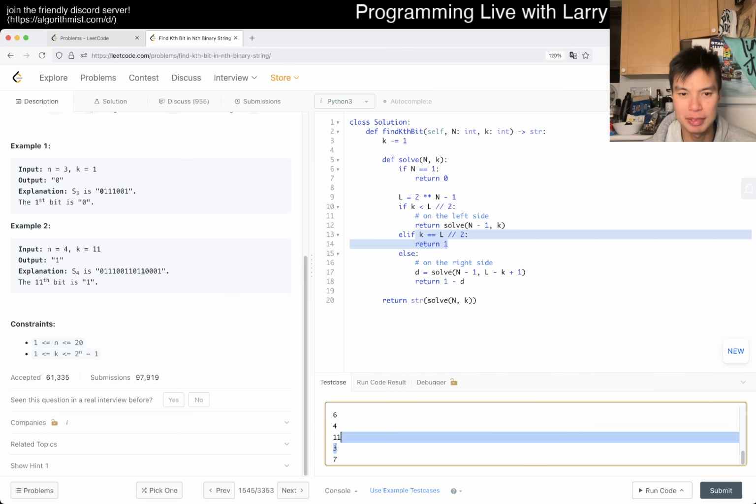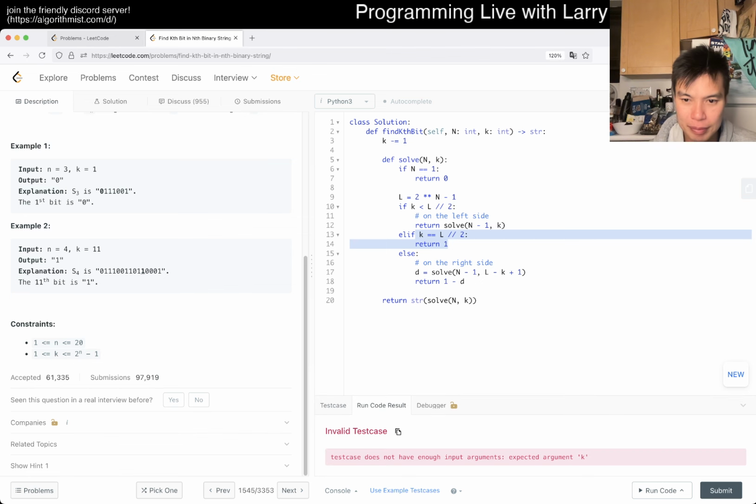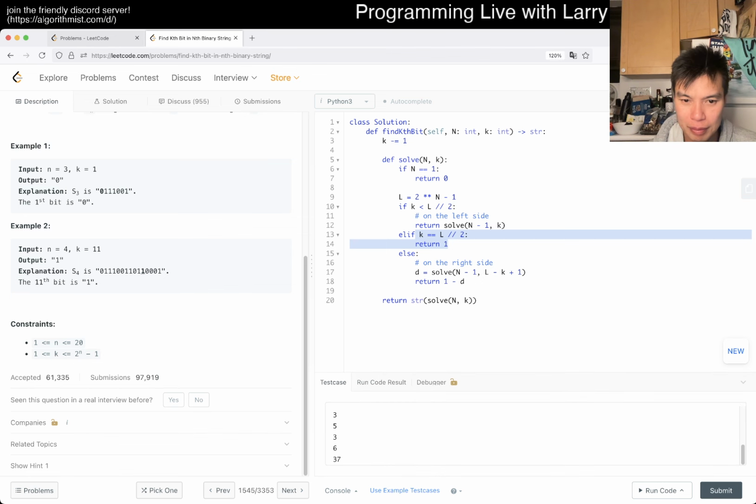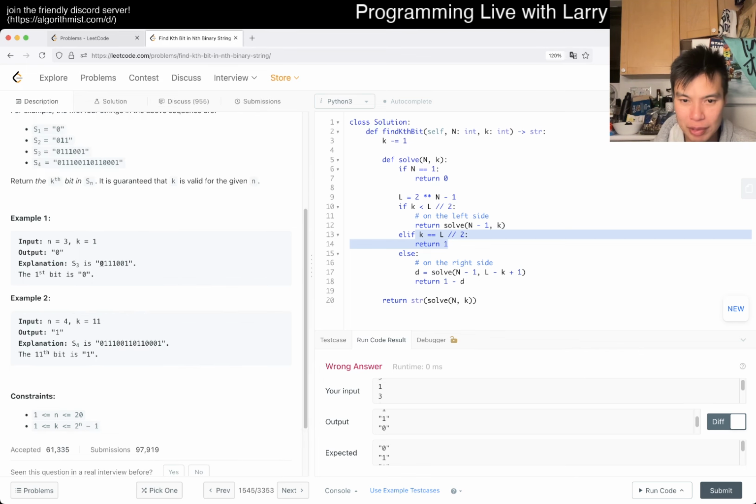Well, it's easy to debug, or like it's easy to get a visualization out by just looking at every possibility. Oh, why is it 37? This UI is so bad. 0111000 for some reason.